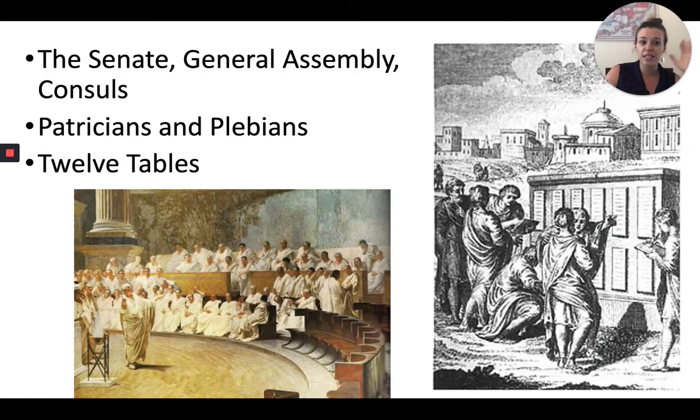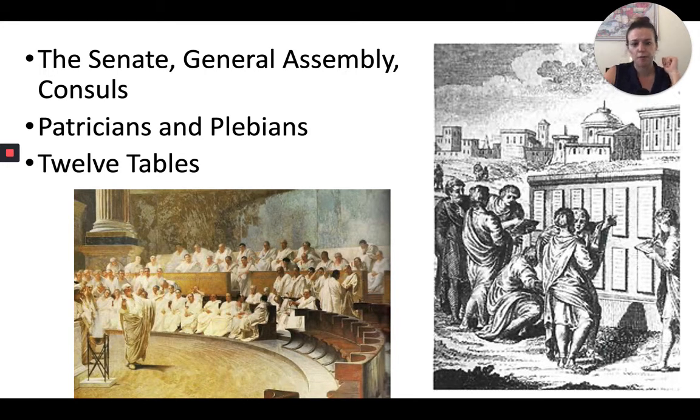And this will create some change. One example of this change would be the 12 tables and tribunes. So the 12 tables were law, right? It was laws saying things like everyone gets a trial, like if you're a male plebeian, right?